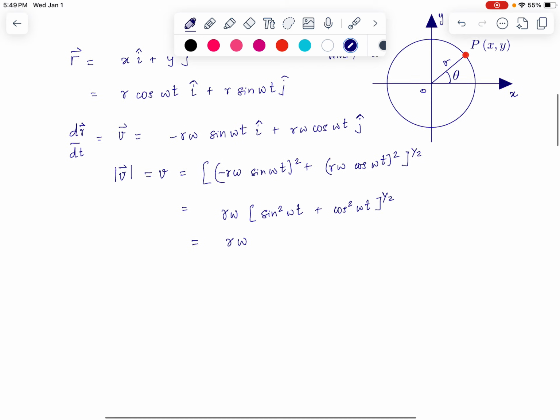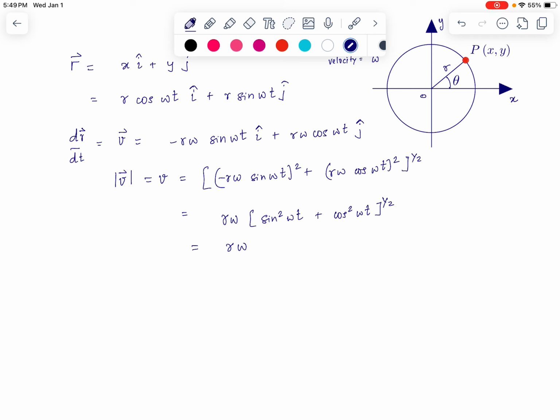So now let's take the double derivative of the position vector. d2r over dt squared equals dv over dt, and that is the acceleration vector, and that equals minus r omega squared cosine of omega t i hat, and actually that would be minus r omega squared sine omega t j hat.